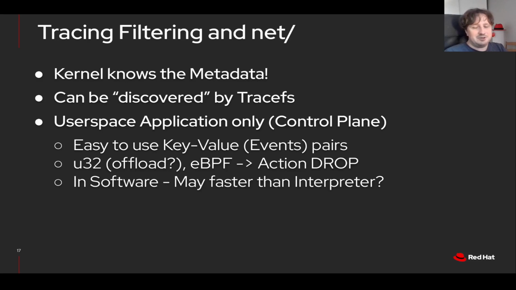And I was thinking about writing a user space application on top of iproute2 with the TC command, for example, or making eBPF, that knows all these key value pairs from the tracefs, which can be discovered. And then we make a bunch of u32 classifier commands with TC, and then the action drop, or also skb mark, depending on what you want to do.